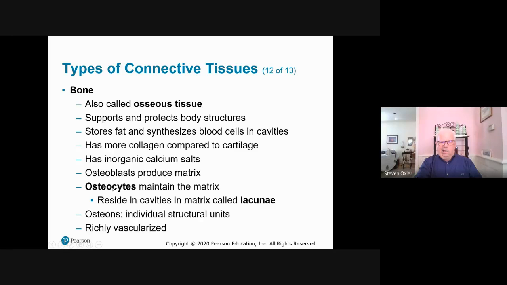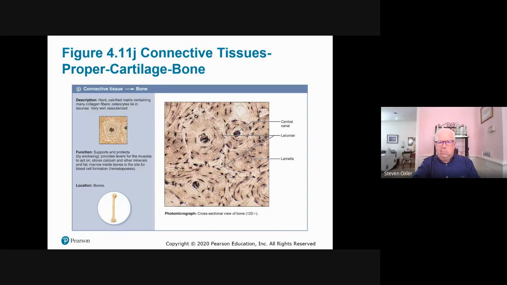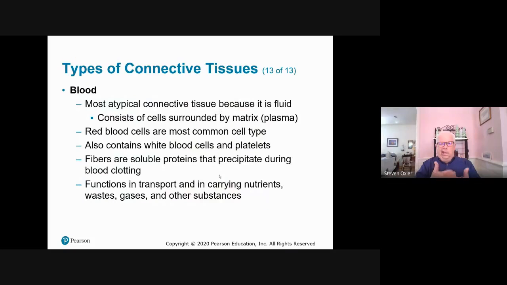The osteocytes maintain bone. Bone is highly vascularized, has a lot of blood supply. If you break your thigh bone, you can bleed to death. So it's very important to understand that bone is highly vascularized. Blood, the only liquid connective tissue. Its function is transportation of nutrients and gases.